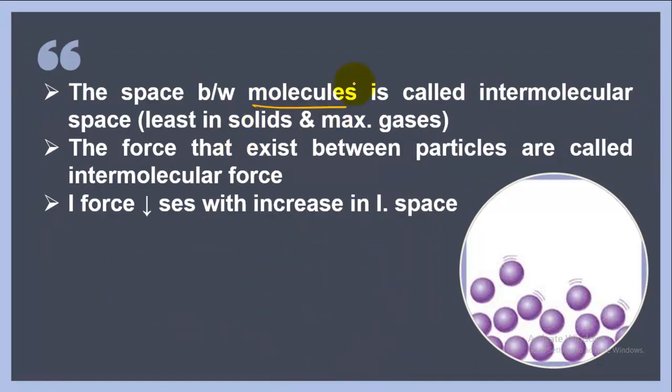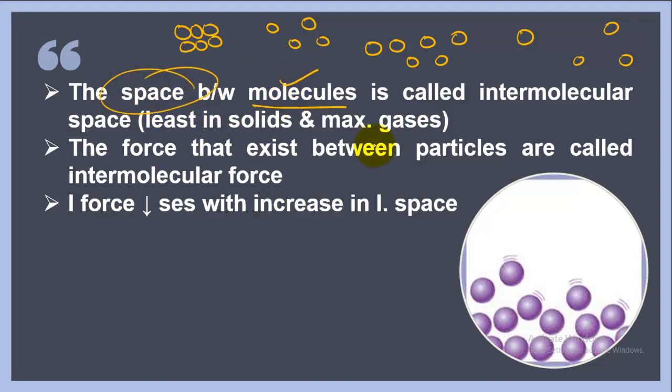Now the molecules, like we know that the molecules are there, but in certain substances the molecules are very tightly packed, and in certain substances they are at a certain gap, and in gases they are far apart. So that means the molecules possess intermolecular spaces. Inter means within, molecular, that means between molecules there is a space.